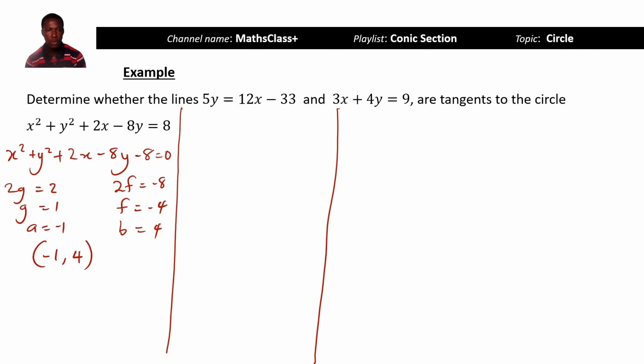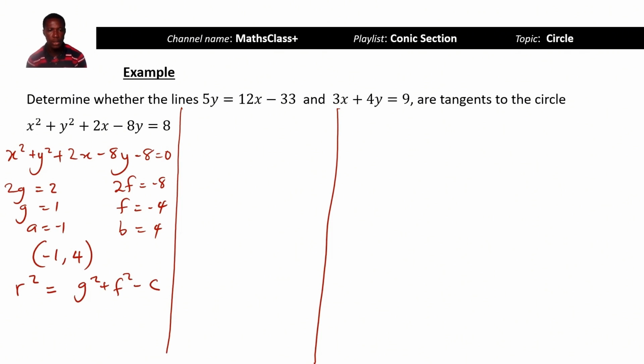Now, I would want to find the length of the radius. So what will be the length of the radius of the circle? Radius squared is given as j squared plus f squared minus c.